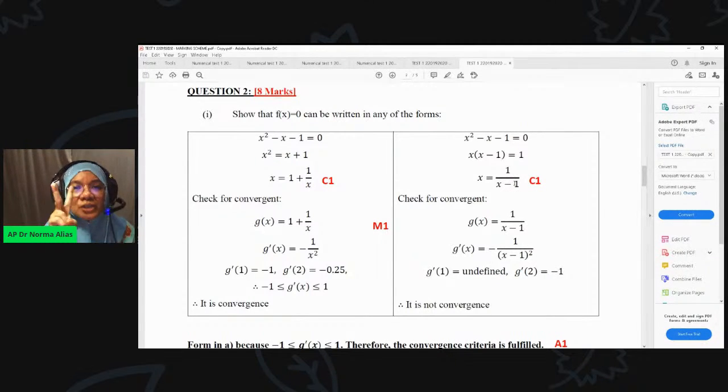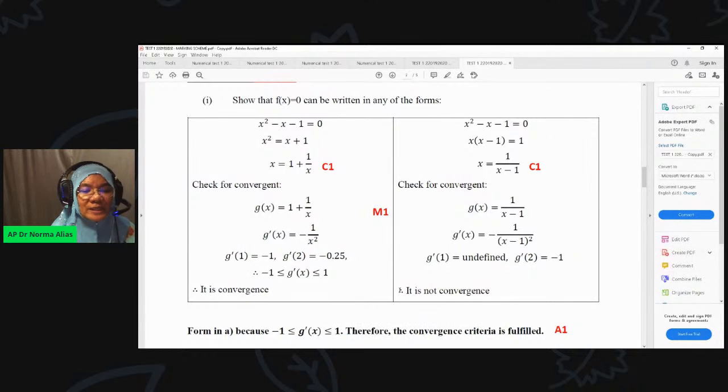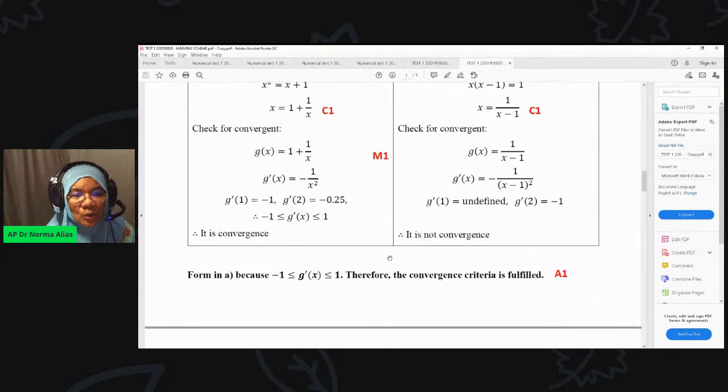There are 2 g's. So the question here is, which g converges? The converging g has g prime between -1 and 1, you have to know. The one that is not converging is one that is not defined. For example, when you put x equal to 1, 1 over 0 is infinity, undefined.